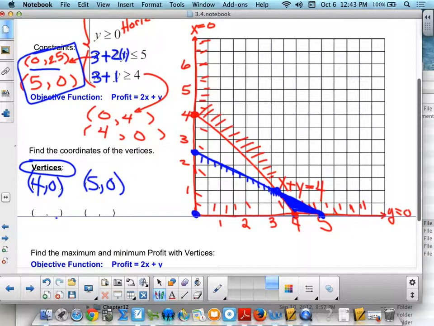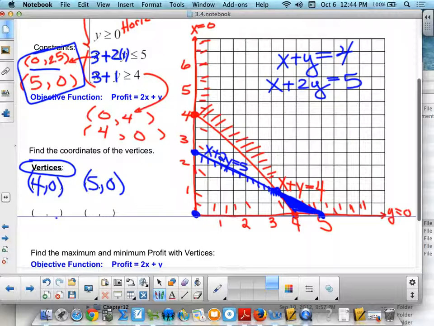She took this line, x plus y equals 4, and then she said, where does that line intersect this line, which is x plus 2y equals 5. You guys should do this on your paper so you know which equation goes with which line.